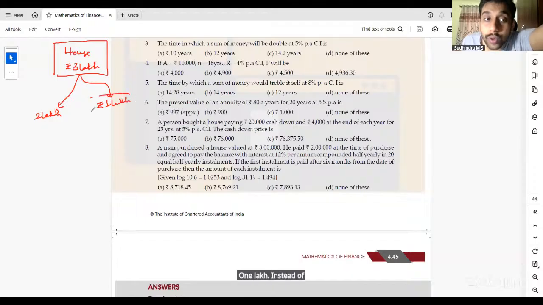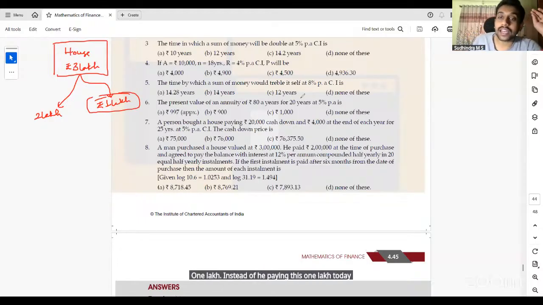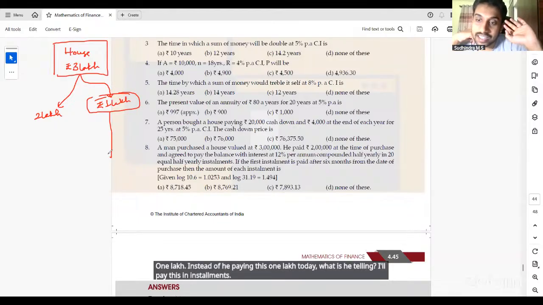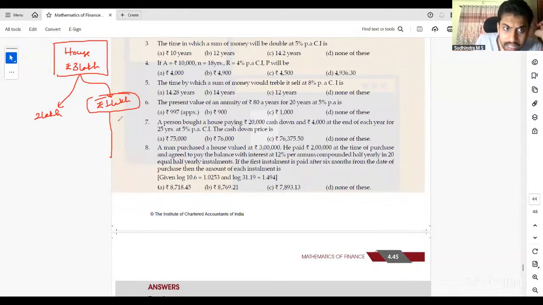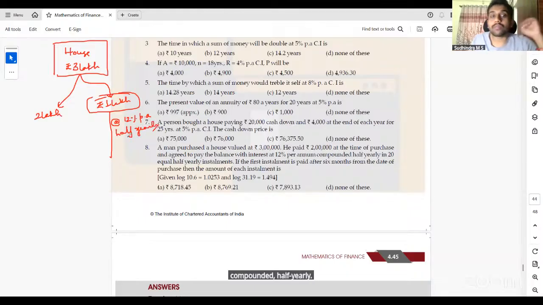Instead of paying this 1 lakh today, what is he telling? I'll pay this in installments. At what rate? At 12% per annum. But this is compounded half yearly, in 20 equal half yearly installments.